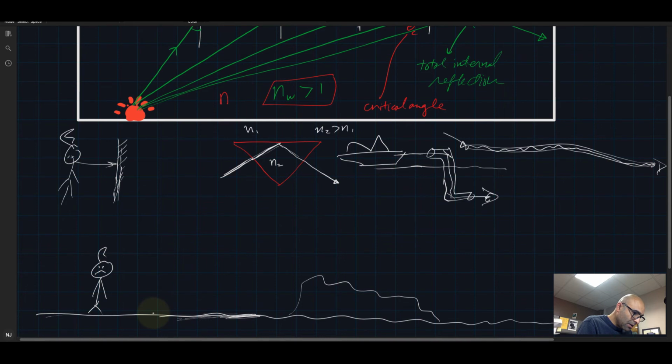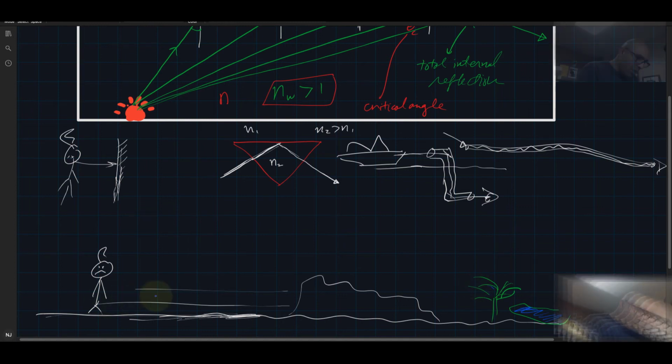That doesn't usually happen, but in rare times, the coldest part will be the ground. Above it will be a little bit warmer, and above it a little warmer, and so forth. And you're walking in the desert, you're thirsty and hungry, and there's an oasis here, very far away.